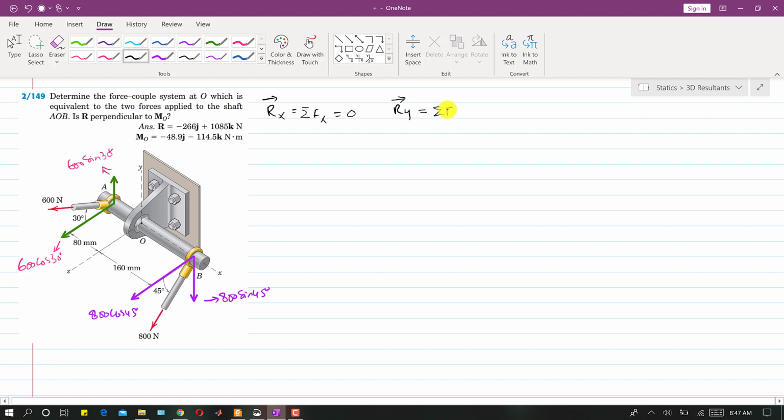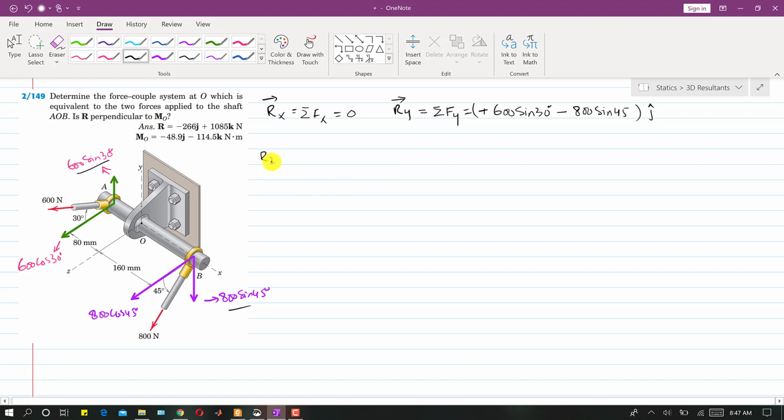To find the component of R along y, we take the summation of all force components along y. As we can see, this 600 sine of 30 and this one are along y. This one is in the positive y direction, so I will write plus 600 sine of 30 degrees minus this 800 sine of 45, since this one is in the negative y direction. This will give us the component of the resultant along the y-axis.